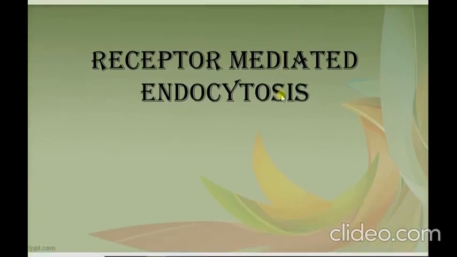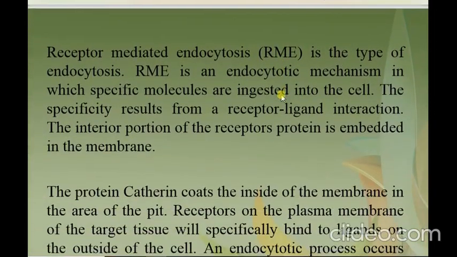Now receptor-mediated endocytosis. What do we mean by this? It is a type of endocytosis, an endocytotic mechanism in which specific molecules are ingested into the cell. The specificity results from the receptor-ligand interaction, and the interior portion of the receptor protein is embedded in the membrane.